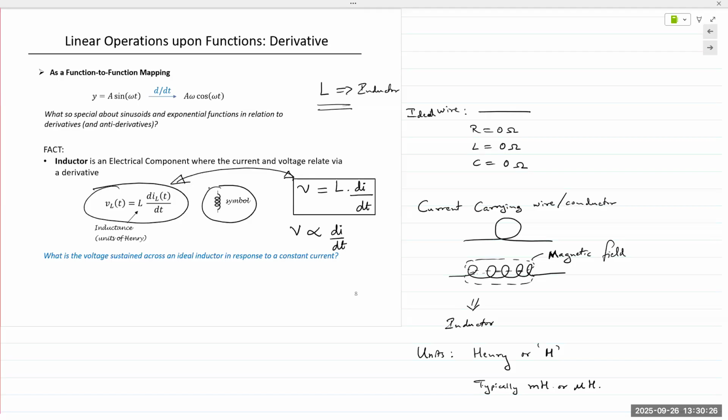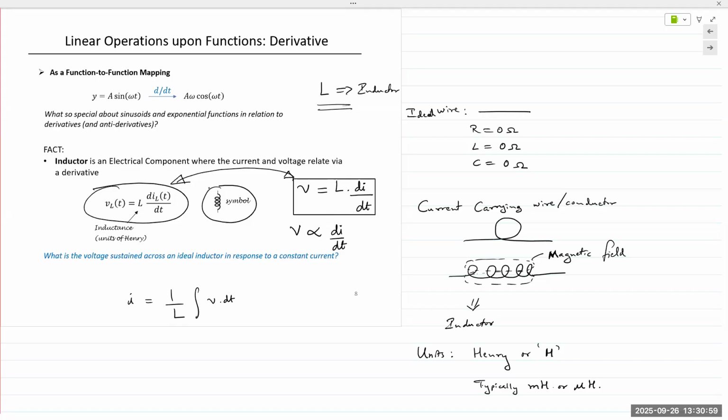For the current, it is the same, except we now integrate both sides. So if you integrate both sides, what do we get? I is equal to 1 over L times the integral of V. So if we wish to find the voltage for an inductor, we take the time derivative of the current.